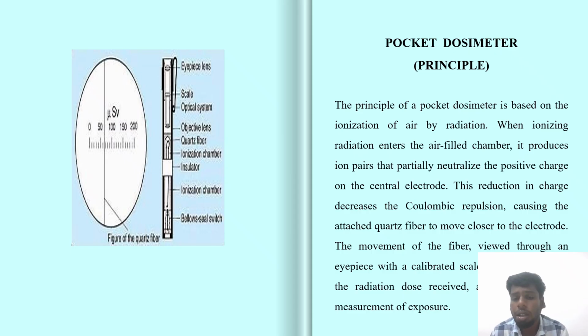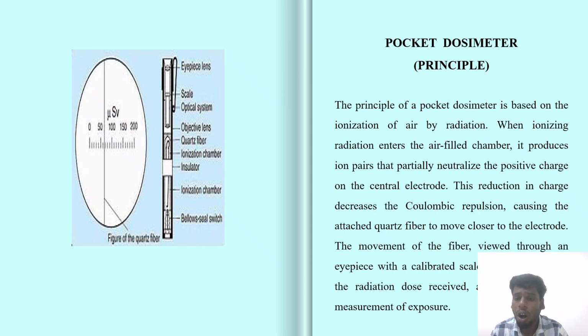So the principle of a pocket dosimeter is based on the ionization of air by radiation. When the ionizing radiation enters the air-filled chamber, it produces ion pairs, which partially neutralize the positive charge on the central electrode.